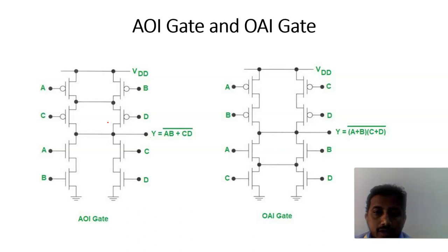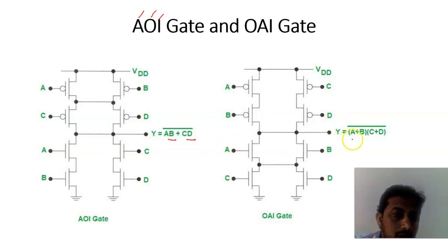So let's take one of the expressions: AND, OR, invert. We say it as an AND-OR-Inverter, AOI gate. This is one AOI gate.